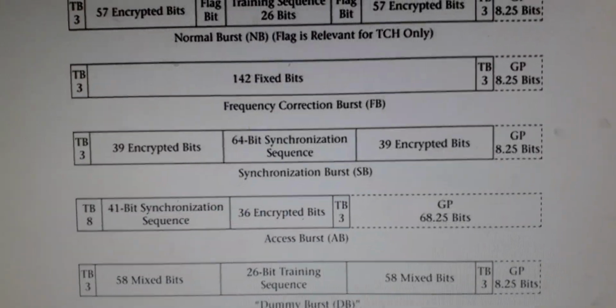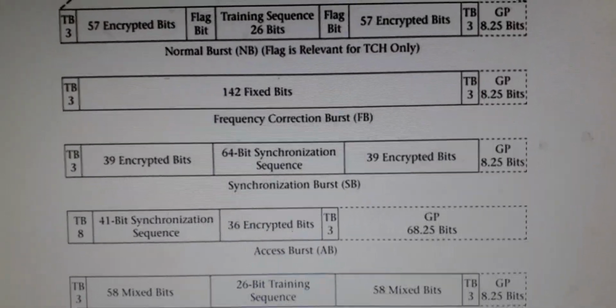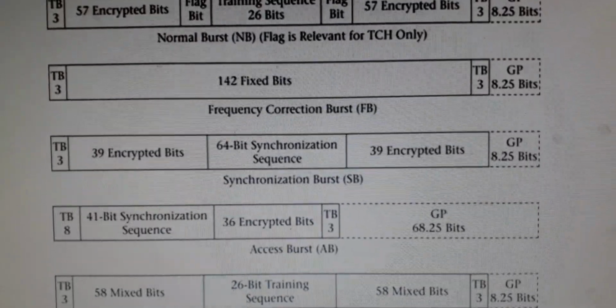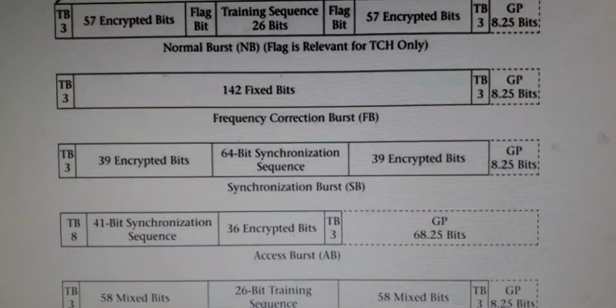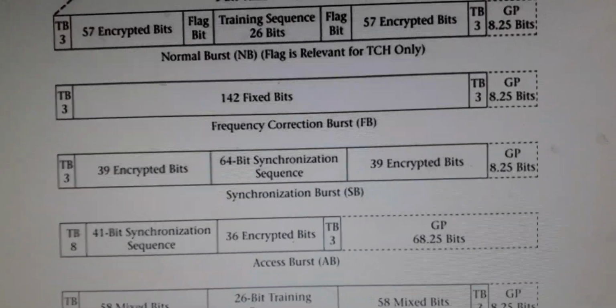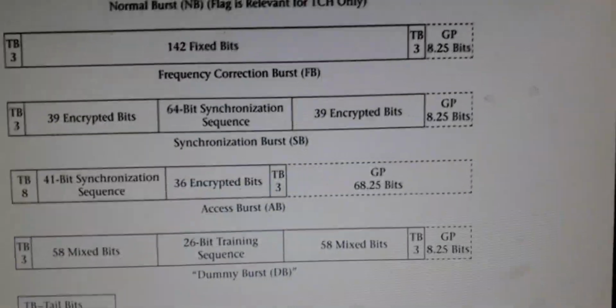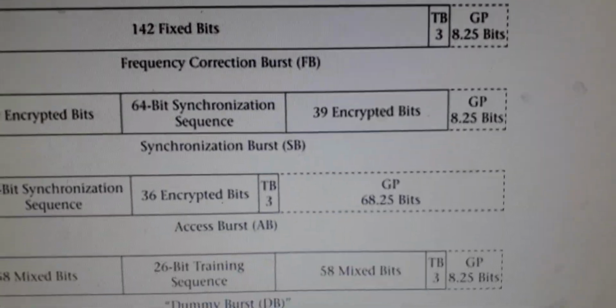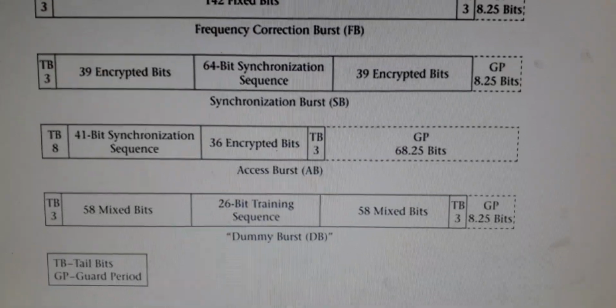The access burst is used for RACH and AGCH, getting access to the system. Getting access to the system is done by the synchronization sequence as well as encrypted bits. Here the guard period bits are increased from 8.25 everywhere else to 68.25 bits.